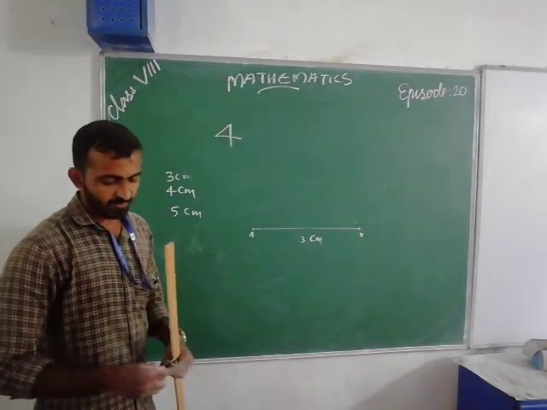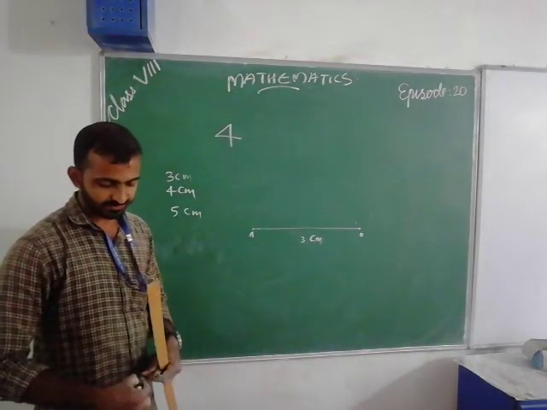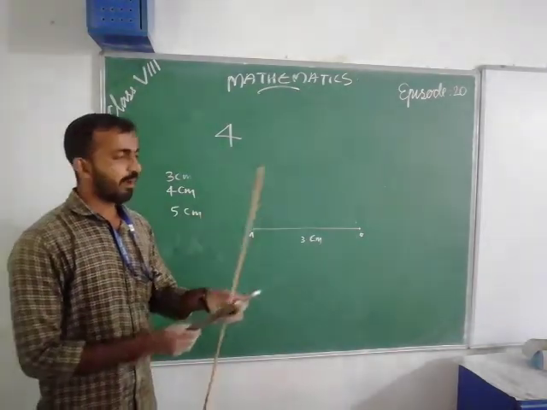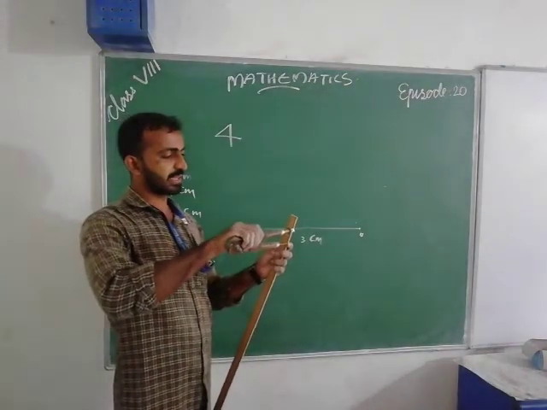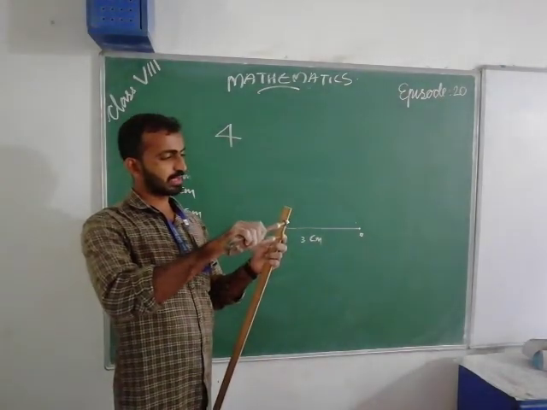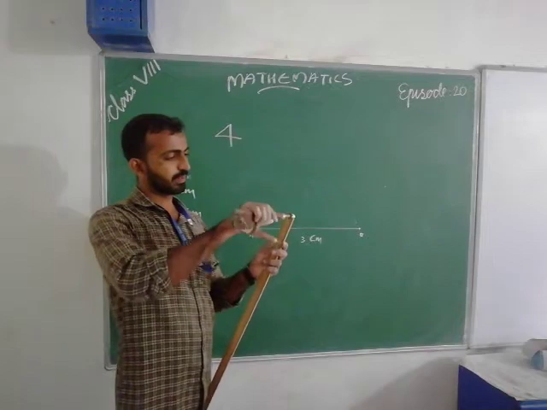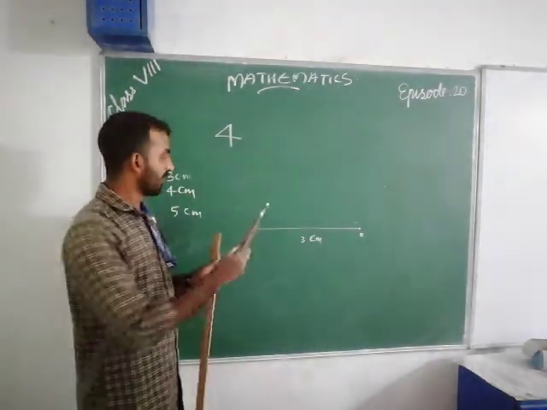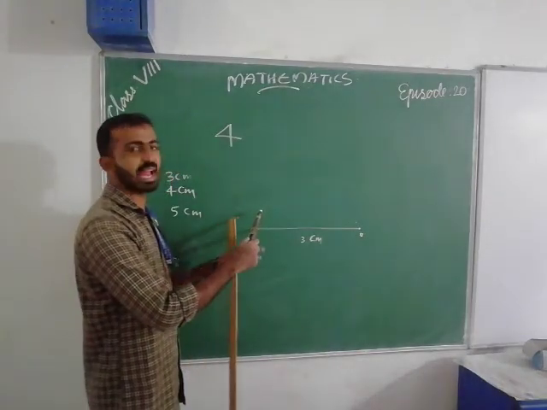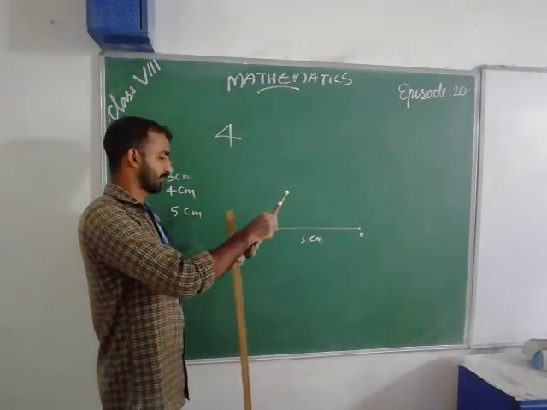So here we take the compass and we set it to 4 centimeters. That is, we draw an arc. In this point we draw an arc.